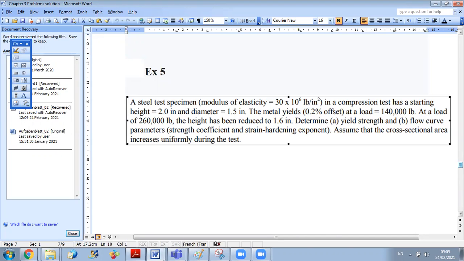At a load of 260,000 lb, the height has been reduced to 1.6 inch. Determine first the yield strength and the flow curve parameters, the strength coefficient, and strain hardening exponent. Assume that the cross-sectional area will increase in a uniform way during the test.